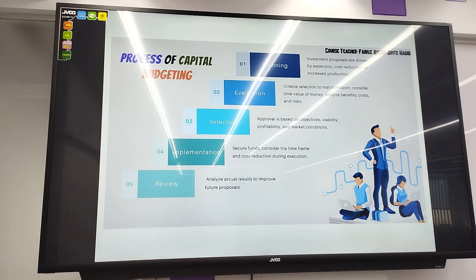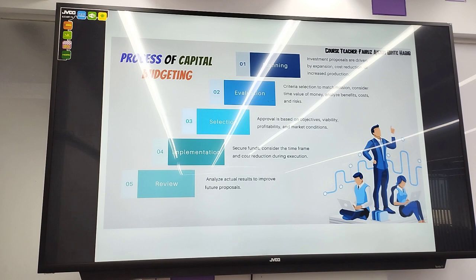Then the evaluation or the analysis. Criteria selection to match mission, consider time value of money, analyze benefit, cost and risk. If the company is based on short-term and long-term objectives, the project needs to be formulated, where evaluating the project details of the overall expenditure, time spent and the expected benefit need to be calculated and presented to the management in order to make a sound decision.